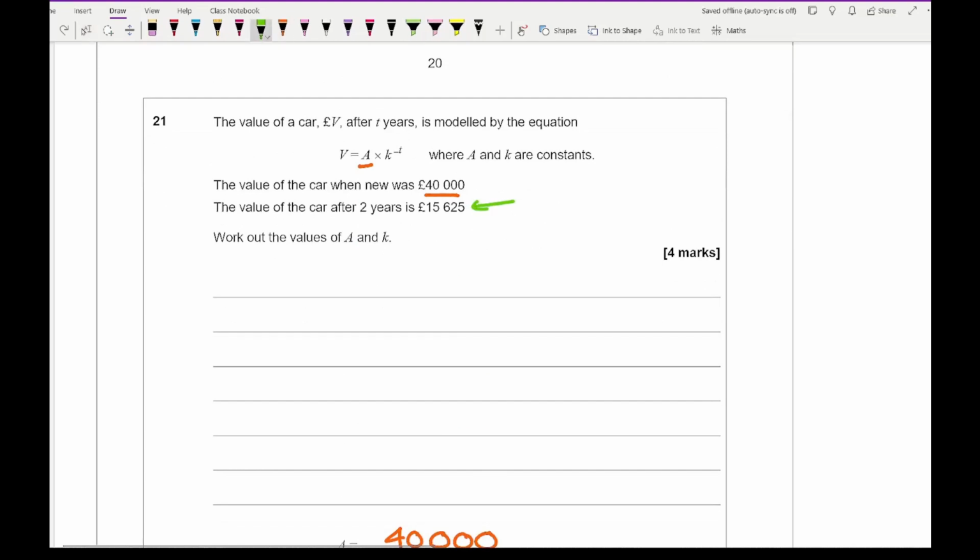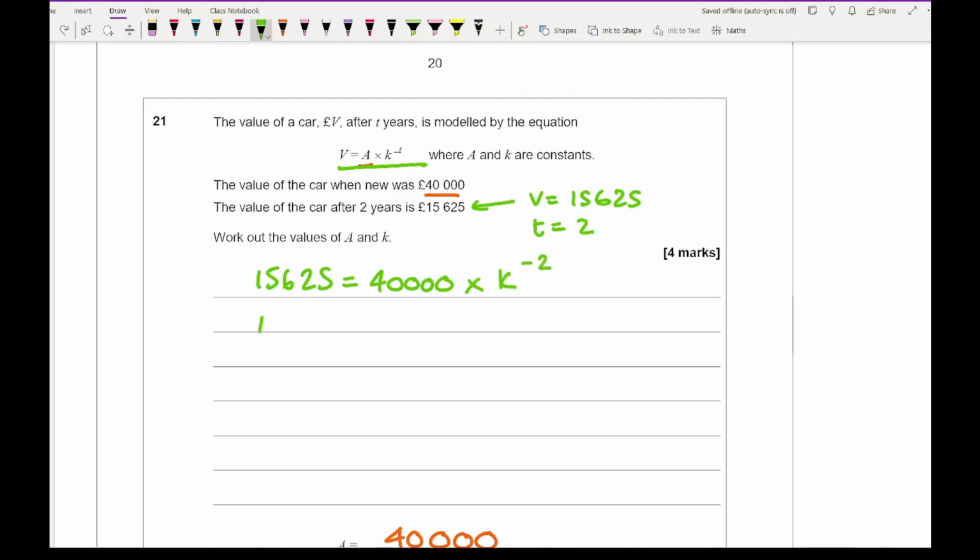Now to work out K, we need to substitute for this value here. We know V equals 15625, and we know that t equals 2. So if I substitute those two values into this formula, I get 15625 equals 40,000 multiplied by K to the power of minus 2.